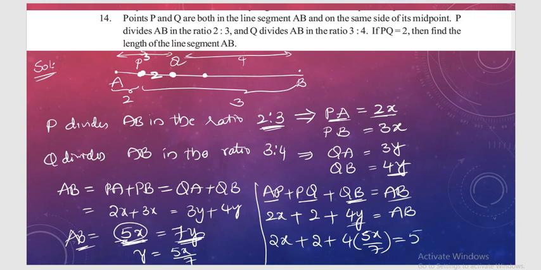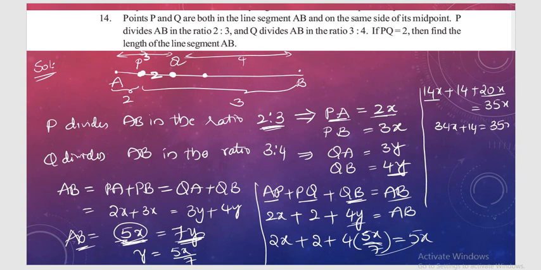Now since 7 is the LCM, directly do the simplification. 7 2s are 14x plus 7 2s are 14 plus 4 5s are 20x is equal to 7 times 5x, which is 35x. So 14x plus 20x is 34x. So 34x plus 14 is equal to 35x.